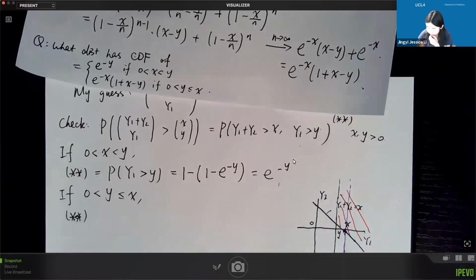That's the first part. And the second part is that y1 equals y, right? And that's actually here. Let me see, y1 equals y. Yes, let me see if I'm right.